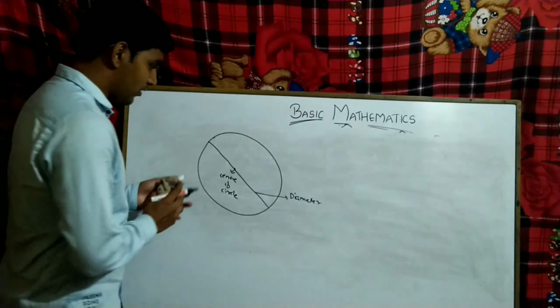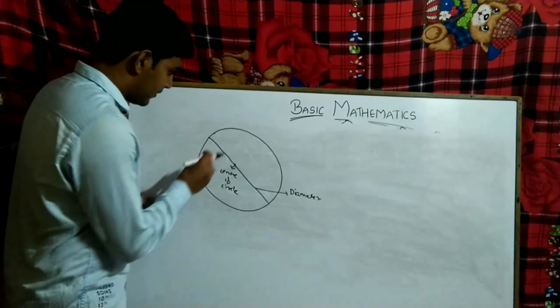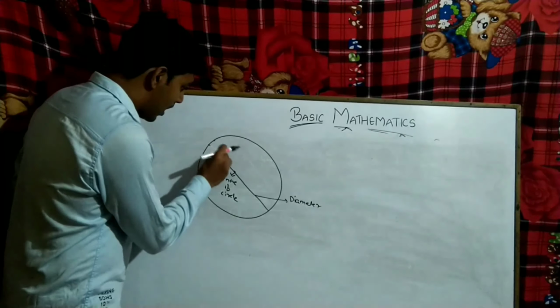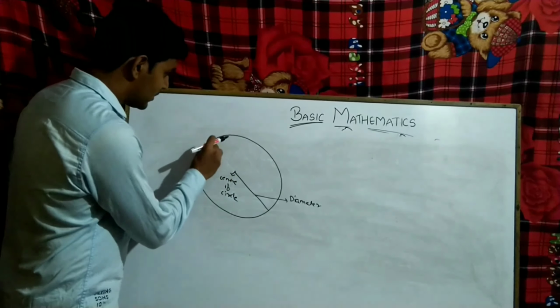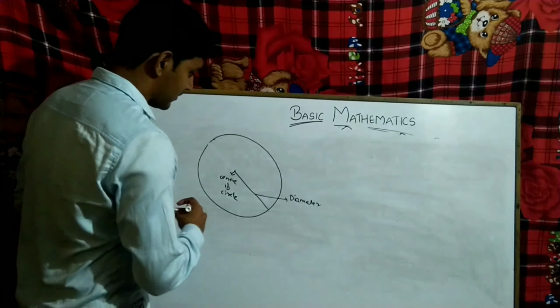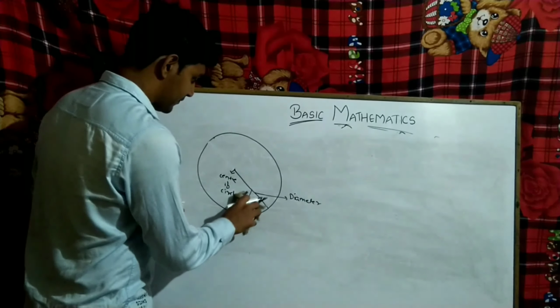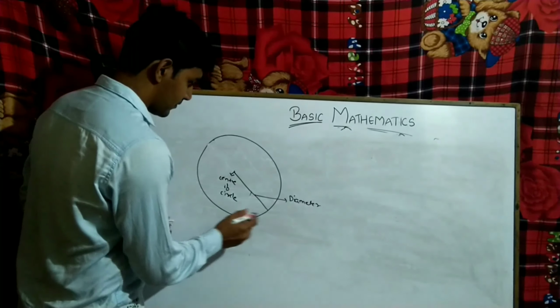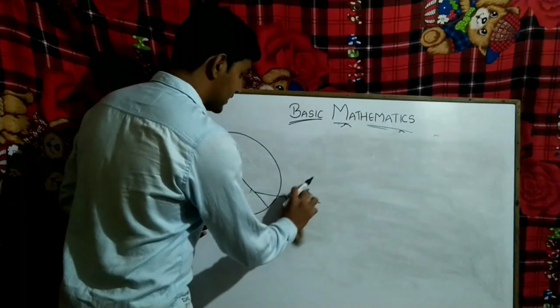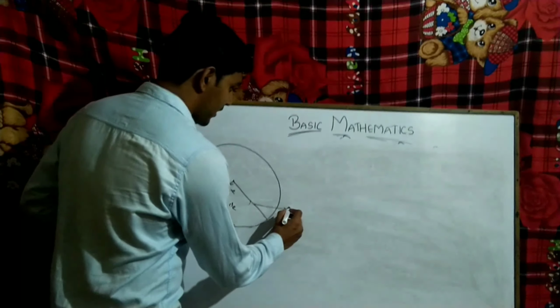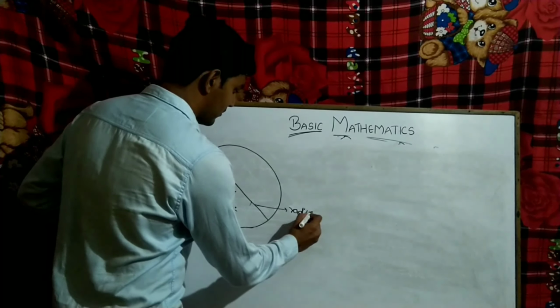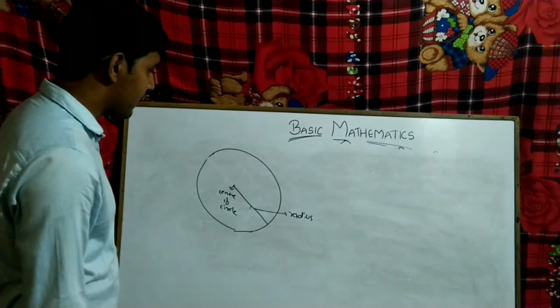If I take half of the diameter, it becomes the radius of a circle. Clear everyone?